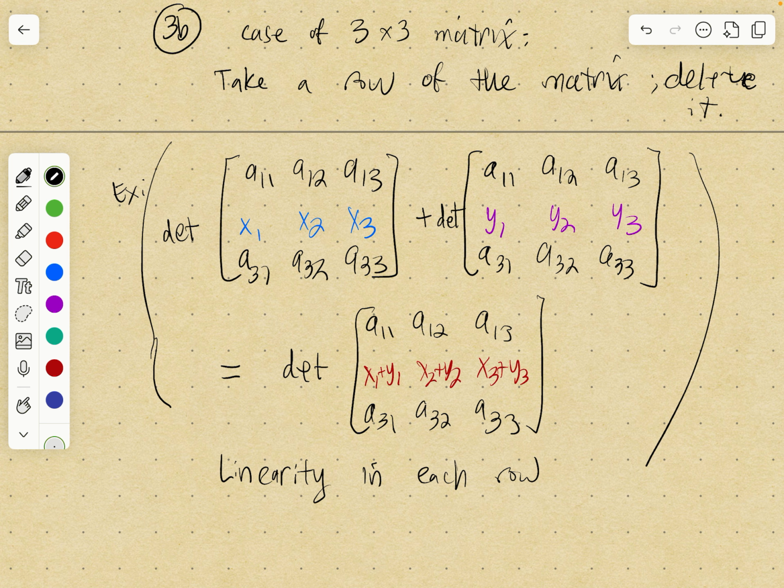What it's saying is if you delete a row and then replace that missing row by x1 plus y1, x2 plus y2, and so on, up to xn plus yn, and then you take the determinant of that matrix, that's what you would get by taking x1 to xn, and then the determinant of this matrix, and then adding what you get if you had y1 through yn, and taking the determinant of that matrix.